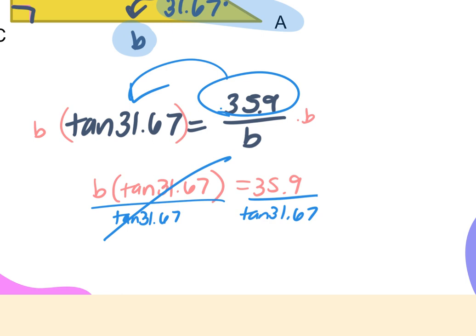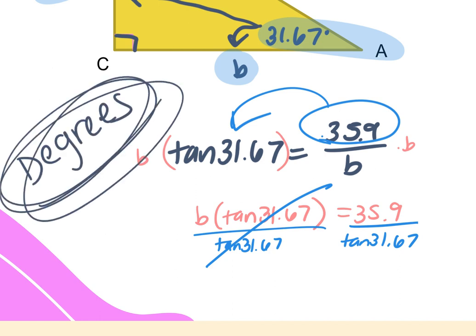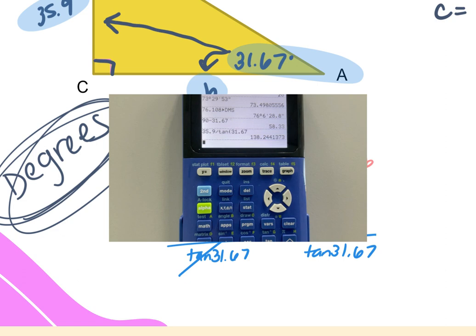And your calculator? Yeah, but you have to be in degrees here. And every time you reset your calculator, like I'm going to make you do, it puts it back into radians. So you have to remember to change it to degrees. For the graphing utility, you're going to go mode. Mode is here, next to the second.